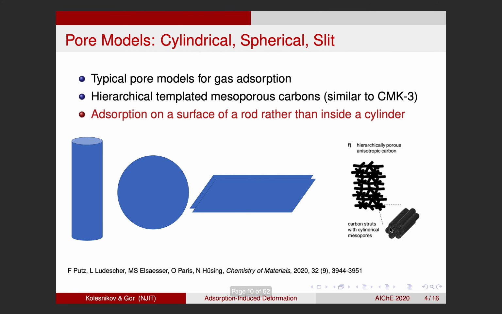Obviously, adsorption on the surface of a rod is quite different from adsorption inside a cylinder. However, in the literature, adsorption in these types of materials is typically represented with a cylindrical pore model.